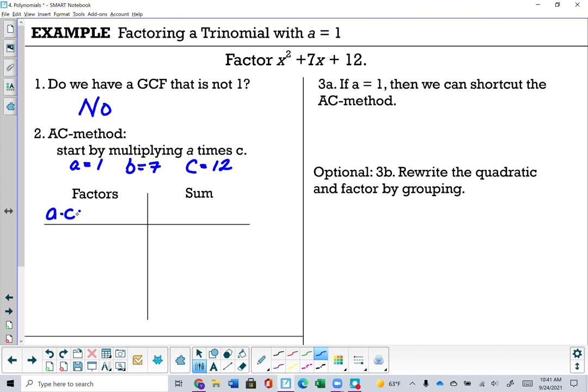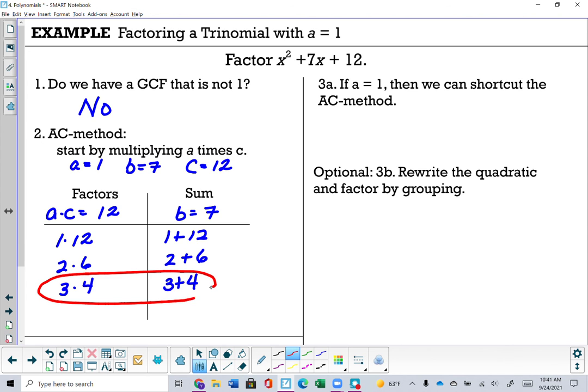A times C is 12. And our B is going to be 7. So let's see. 1 times 12. That's not what we want. 2 times 6, 2 plus 6 is not what we want. 3 times 4, 3 plus 4, that is exactly what we want.